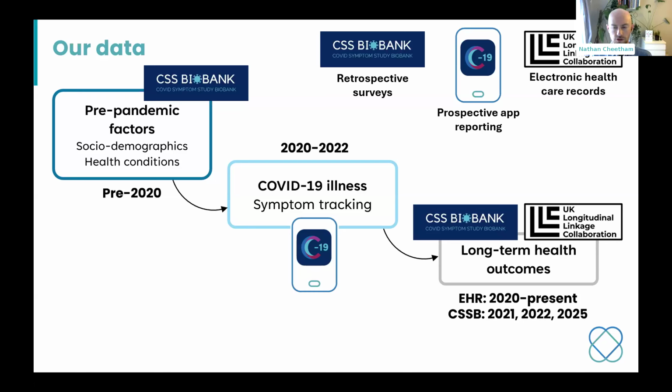And now we want to link those two and see how it relates to the longer term health outcomes that people have been experiencing, through the NHS data and through our survey data as well, where we've also collected information about health.